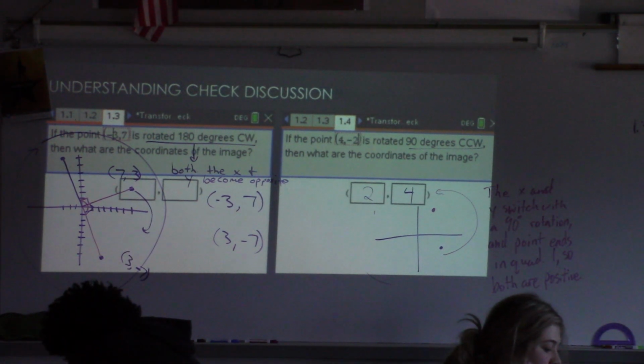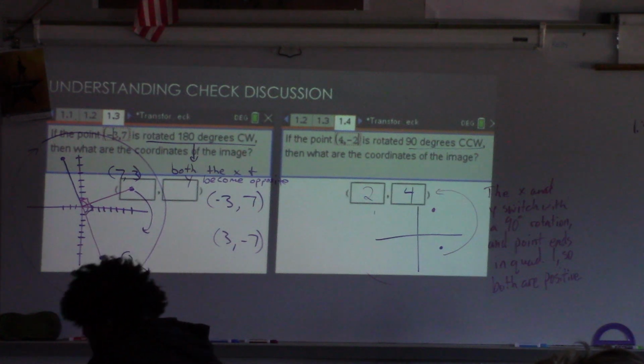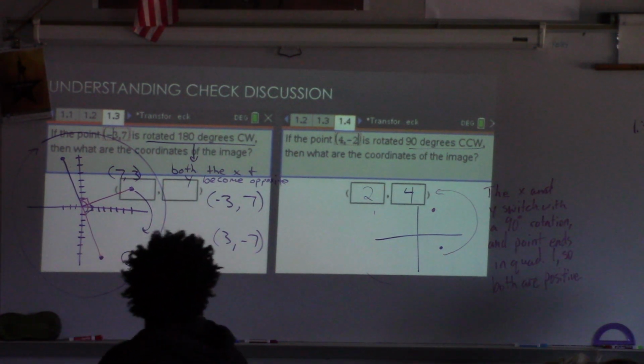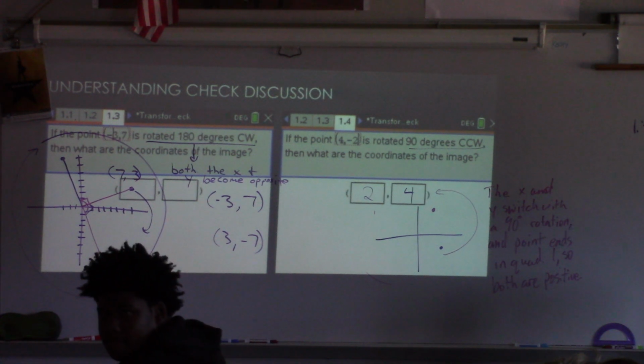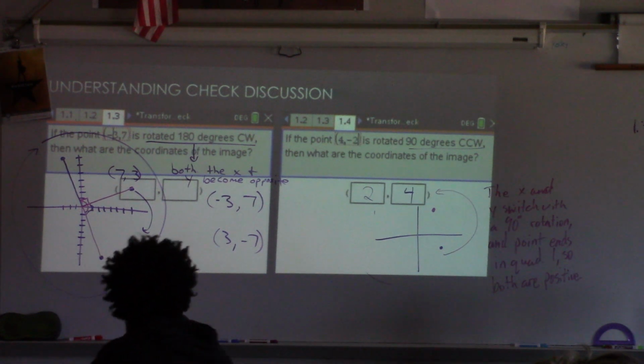Huh? No. Been over that rubric multiple times this year. Yes, sir. I can't see. You can't see? Well, then jump up here to group 1 and take some notes. I'm not saying stay up here permanently. She kind of needs her paper. You can come up here while we go over the understanding check to take notes.